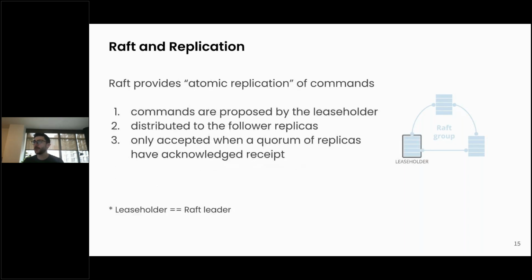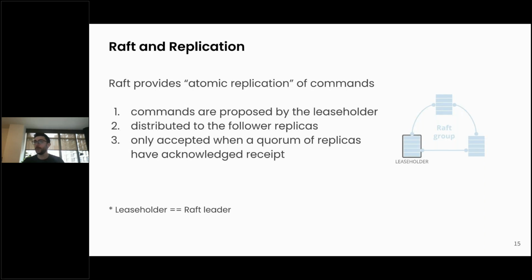Now, a distributed consensus algorithm provides a useful building block called atomic replication. Commands can be proposed by a leaseholder, so a distinguished member of this group. They're distributed to followers, and they're only accepted when a quorum of replicas have written the command to disk. In Raft, like I mentioned, a quorum means a strict majority. So let's say we have 3 replicas in a Raft group.